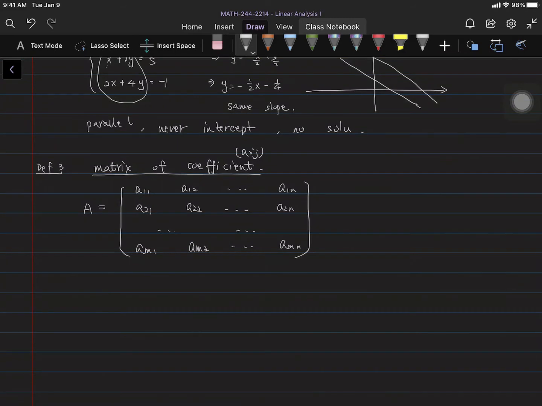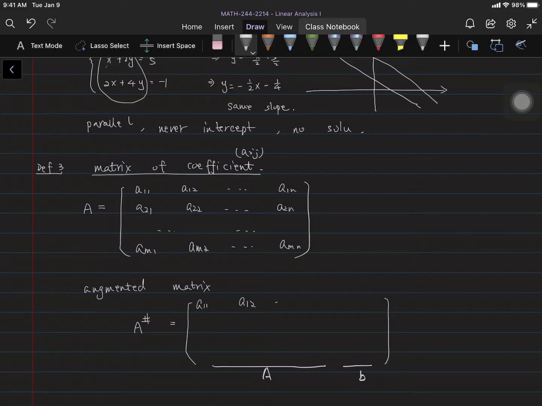Next, there's another kind of matrix. It's called the augmented matrix. Let's see what that matrix looks like. Augmented matrix. So usually we write that as A pound. So we just add to the coefficient matrix, which is A, all the B as the last column. So this is called the augmented matrix. Let's write this one down.